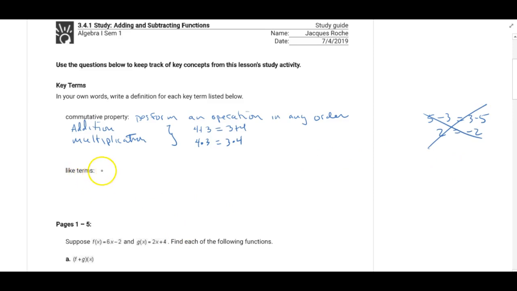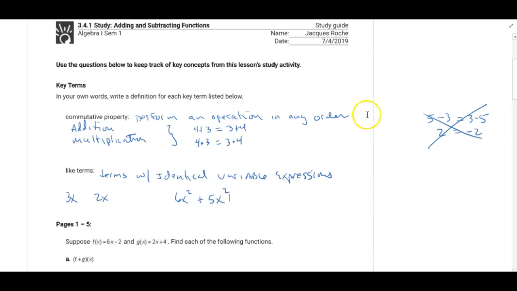Now, like terms are terms with identical variable expressions. Alright, such as if I look, 3x and 2x are like terms. 6x squared and 5x squared are like terms.